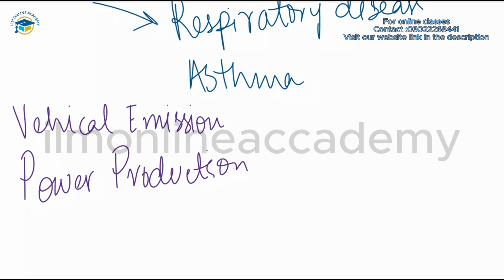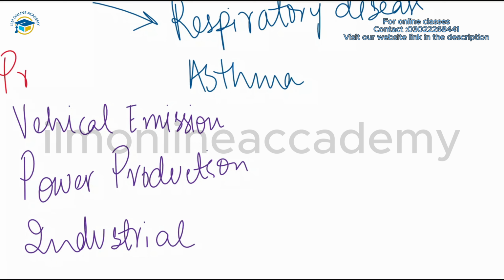And we have some industrial processes that produce oxides of nitrogen. So how and from where are they produced? They are produced from these sources. The human activities produce oxides of nitrogen, which causes airborne nitrogen oxide pollution.